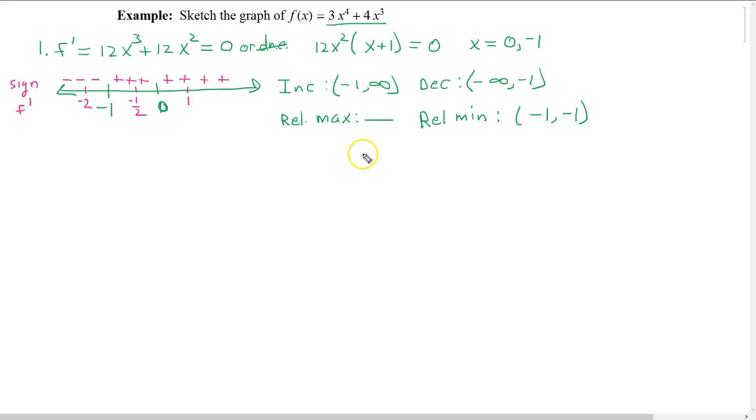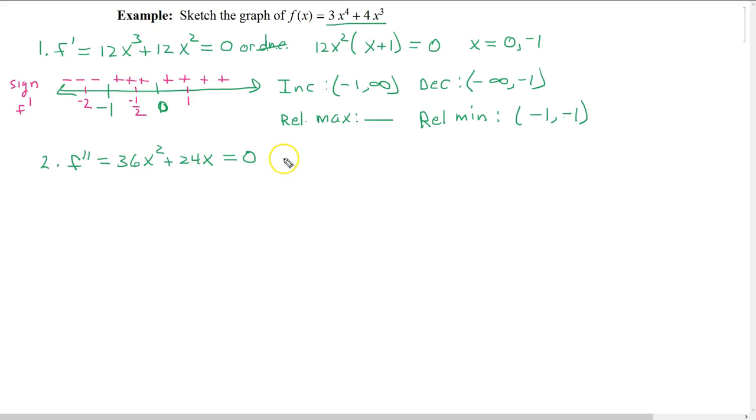Now let's identify where the function is concave up and down and identify any inflection points. So concavity. So we need to take the second derivative. Set that equal to 0. Now we don't need to worry about DNE again because this is a polynomial.